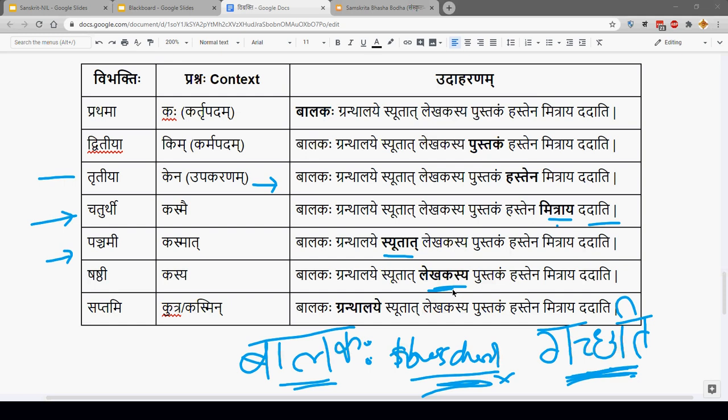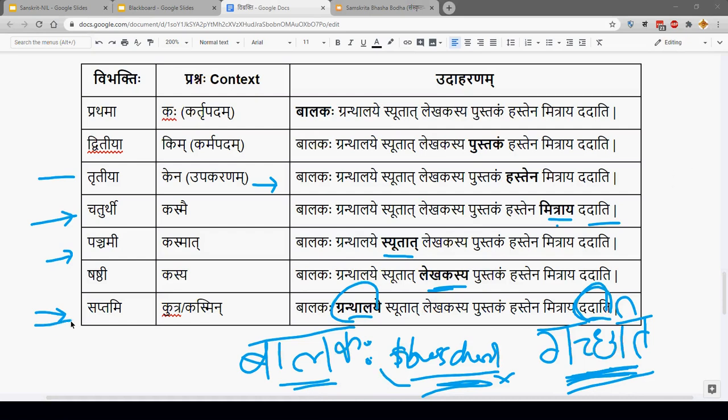Now let's look at the seventh case suffix. In the example with gives, the giving action is being performed in the Granthalaya, the action of giving. Now here in the Gacchati case, what is the action? Going action. The going action is not being performed in the school. He is going to the school, but going is not being performed in the school. Understand the difference, okay?